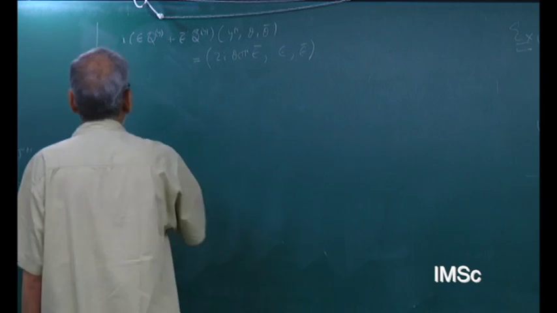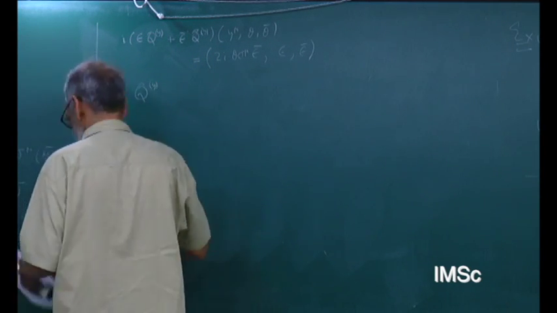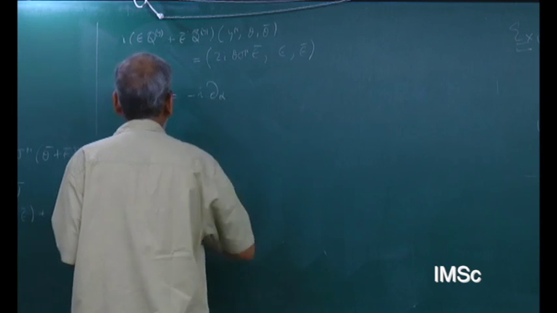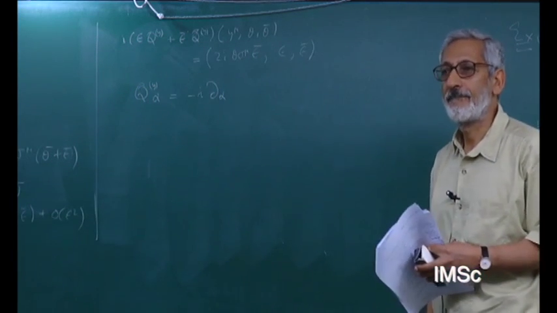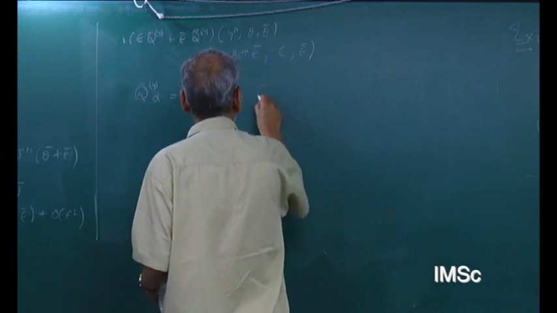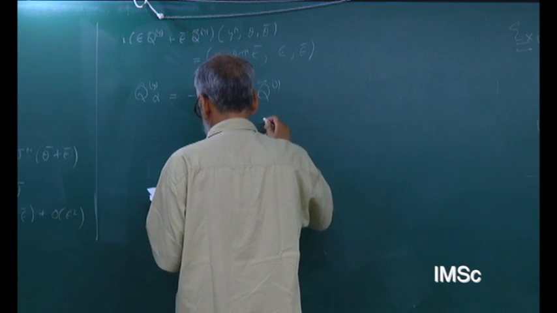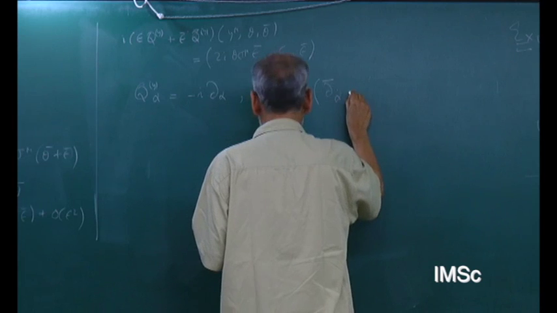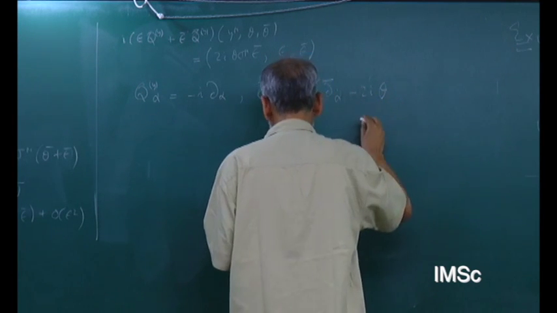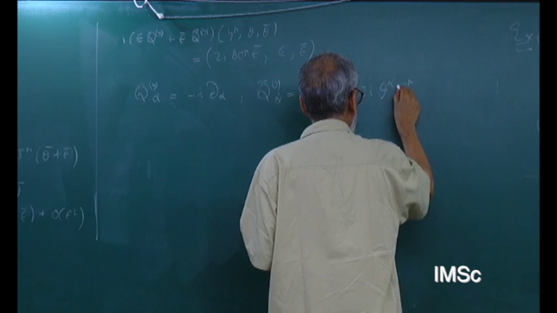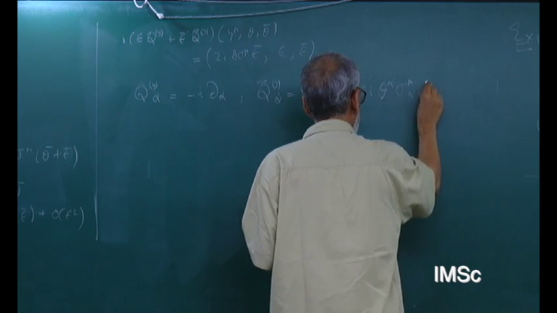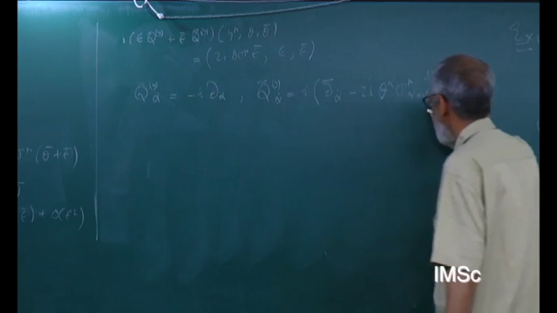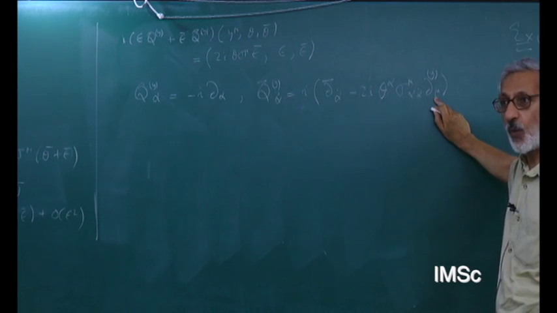And if you do that exercise, you discover that Q_Y alpha is a simple object, and Q bar Y alpha dot is i times d bar alpha dot minus twice i theta alpha sigma mu alpha alpha dot d mu Y. Just to remind ourselves that this is a derivative with respect to y and not x now.